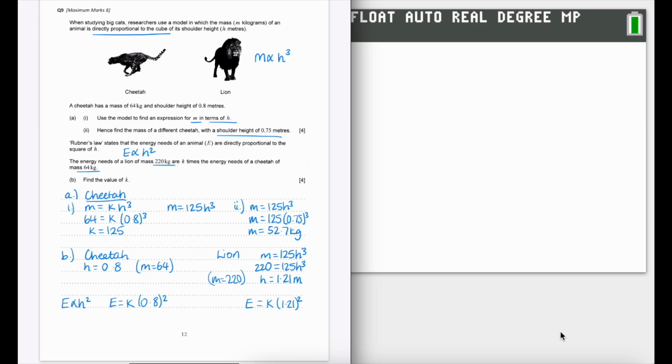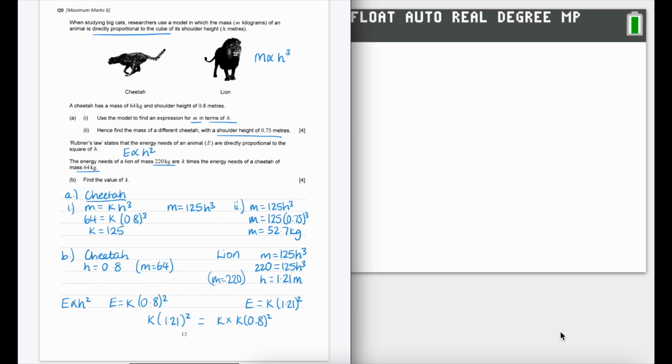So if I take the lion, which I have as k times 1.21 squared, and make that equal to k times the cheetah, which is k times 0.8 squared.